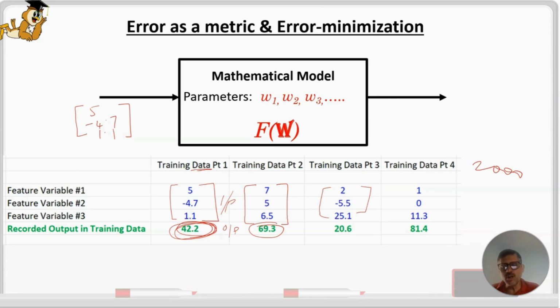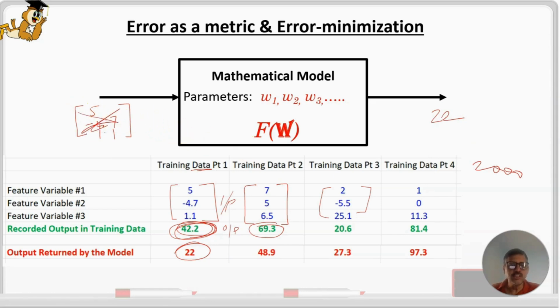This model would give you a certain output. Similarly, for other feature variables, it would give other outputs. Let's indicate them in this table. So let us say when you gave 5, minus 4.7 and 1.1 as an input to this model, the output returned by the model was, let's say, 22.